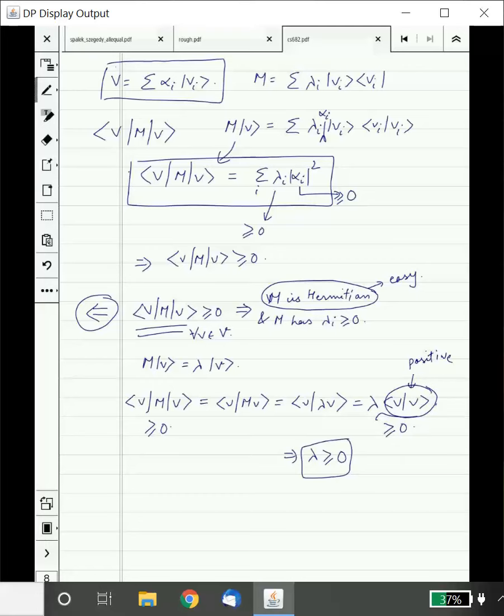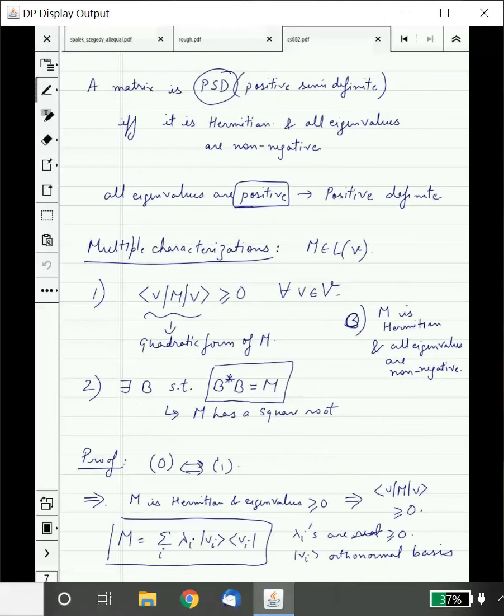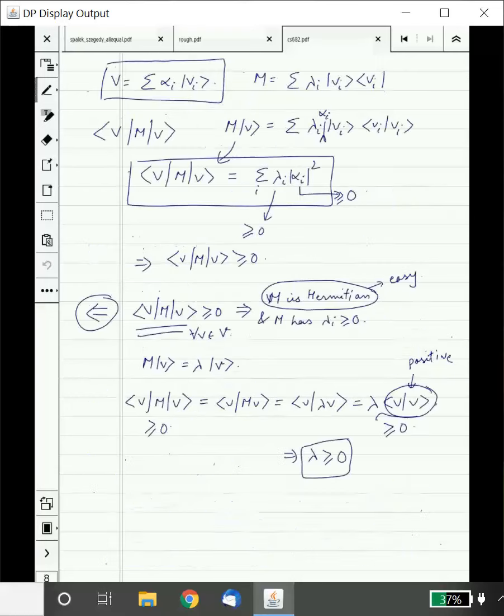This shows that conditions 0 and 1 are exactly equivalent. We can either say that M is Hermitian and all its eigenvalues are non-negative, or we can just say that its quadratic form is positive. Now let's worry about showing that condition 2 is equivalent to 0 and 1.